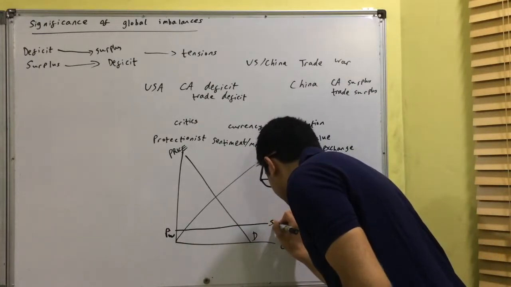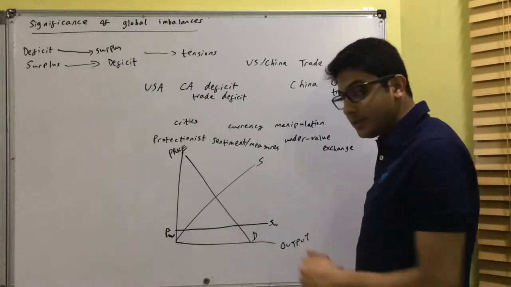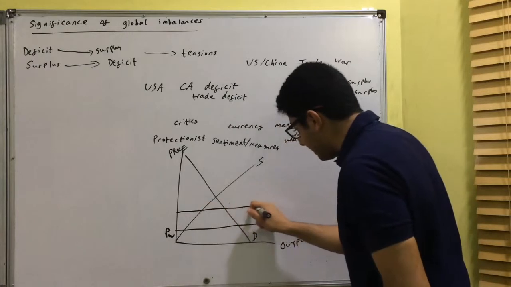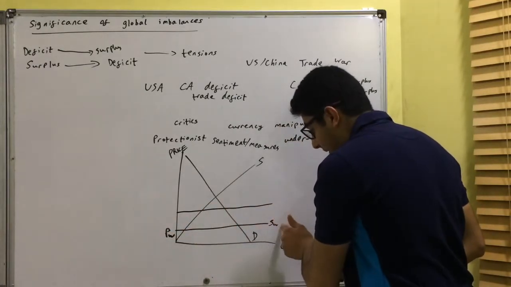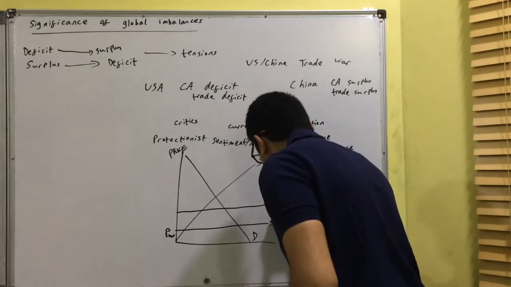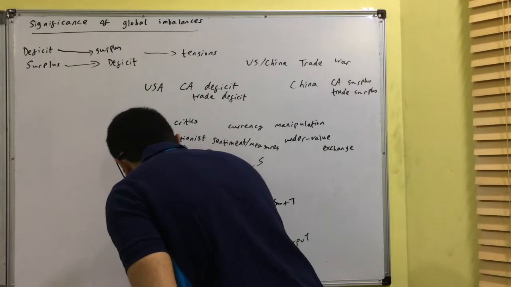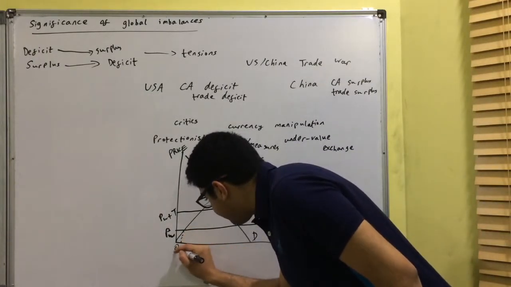Okay? Supply world. What happens if you impose tariffs? It increases this price and decreases the supply world. So you have supply world plus tariff, price world plus tariff. So I'm going to draw some quantities here.